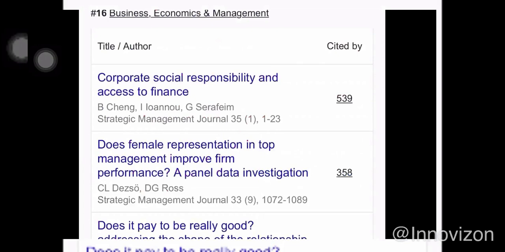What comes out next are the most popular topics in the journal that I clicked, which is the Journal of Management. As you can see, the ones with the highest citation metric is the corporate social responsibility. What you will do next is either you will try to click it or try to find some other things that may interest you as a researcher.